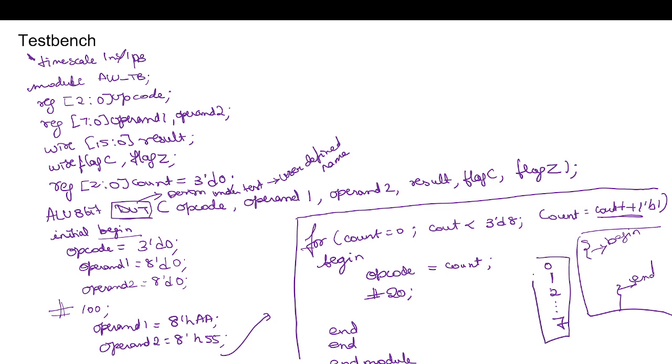This is our opcodes. So in this way, we can perform all the opcode operations given by the opcode on these two operands. Clear? Any doubts?